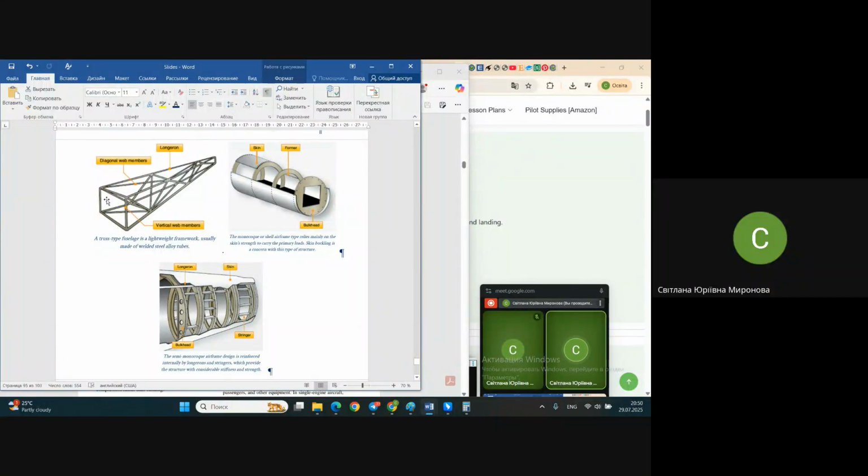And with the appearance of other types of engines and increasing speeds, it appeared that these structures became too heavy, conditionally heavy. And people started studying other variants of structures and came to these beam-like structures.